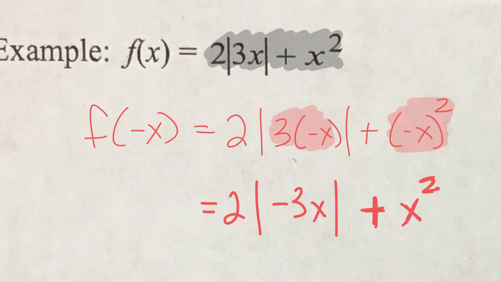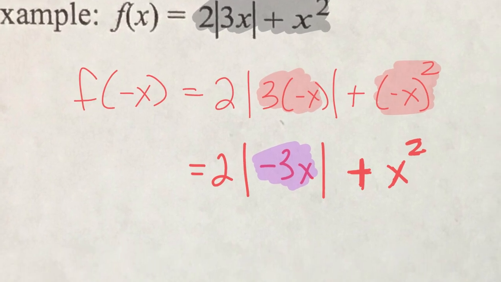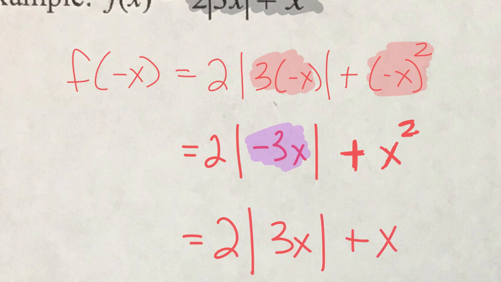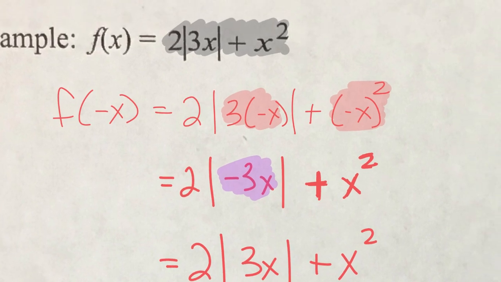Okay, simplifying. Now, what can we do with our absolute value? What's the absolute value of negative 3x? It's normal 3x. So we can simplify by taking away the negative and writing our equation like this. Okay? So perform all of those simplifying operations in order to now compare.